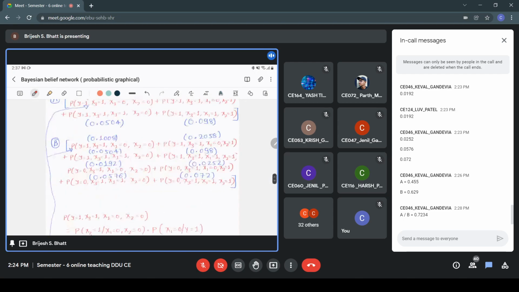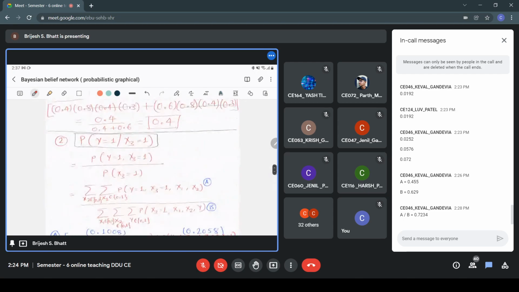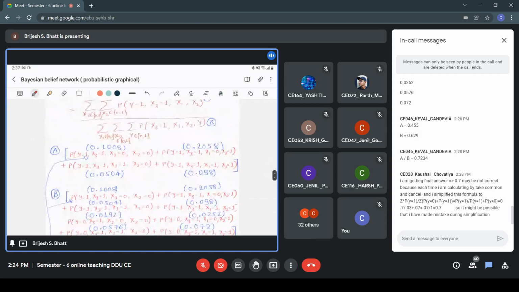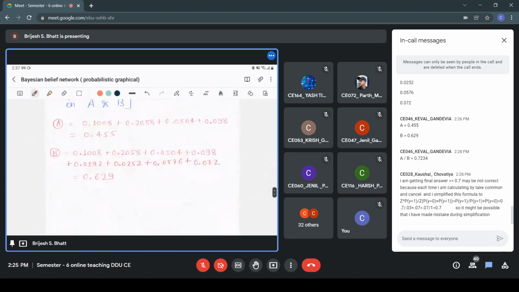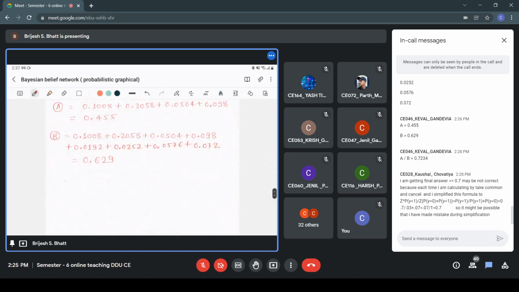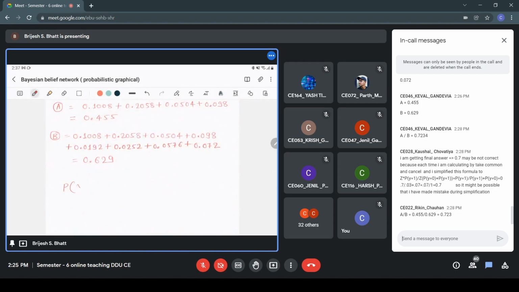And the final answer is probability of y is equal to 1 given x3 is equal to 1 is 0.455 divided by 0.629.